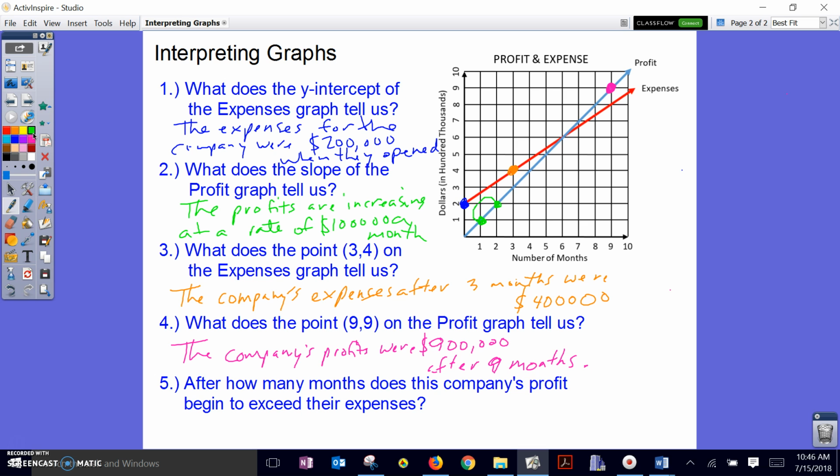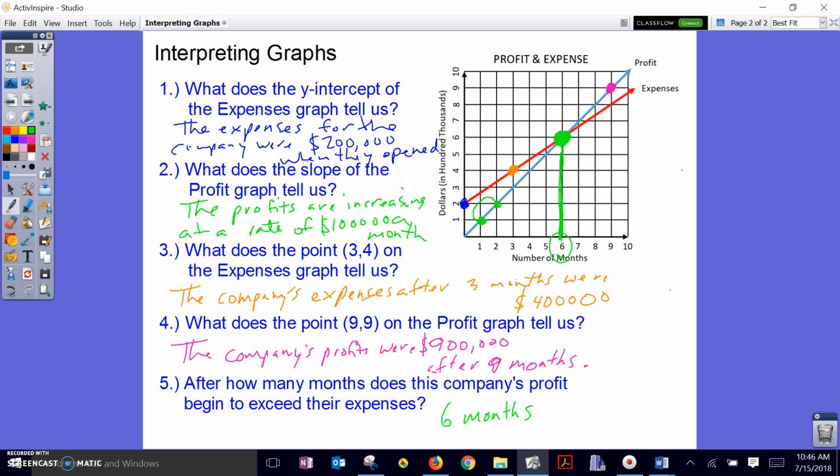And we hit this point right here where the 2 graphs cross. And that's where the profit is going to start exceeding the expenses. And if we look at where that happens, that's after 6 months. And so 6 months is our answer to that question.